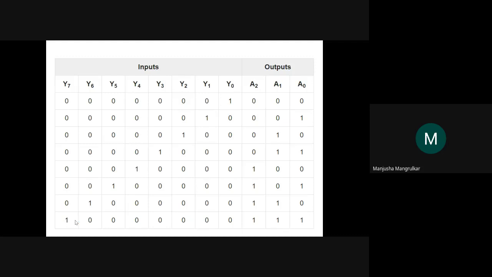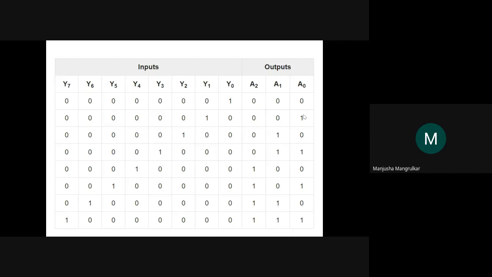So A2 is equal to Y4 plus Y5 plus Y6 plus Y7, right? A1 is equal to Y2 plus Y3 plus Y6 plus Y7.